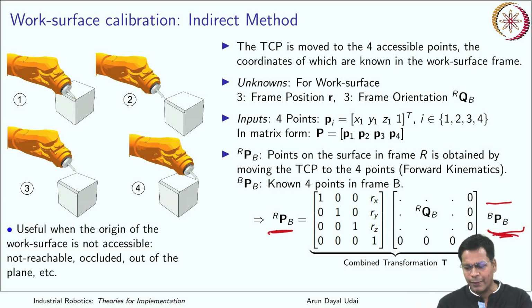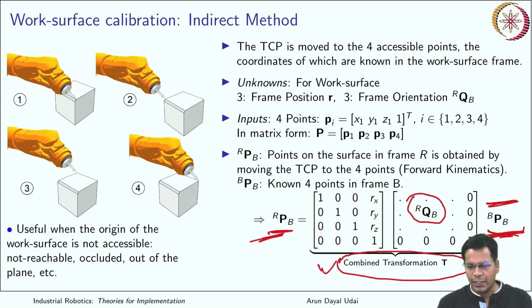You have to transfer this point from the base frame, that is the work surface frame, to the robot's frame. How is that done? This is your unknown transformation matrix that can do this, that you want to identify here. So it consists of a rotation matrix first, and then the translation matrix. Okay, so these two were the unknowns earlier in your previous method also. That is what we want to find out.